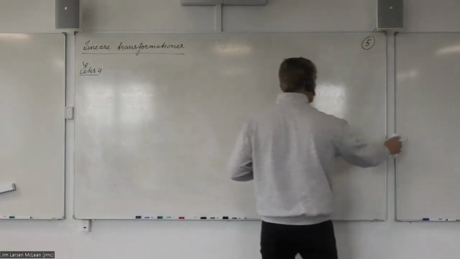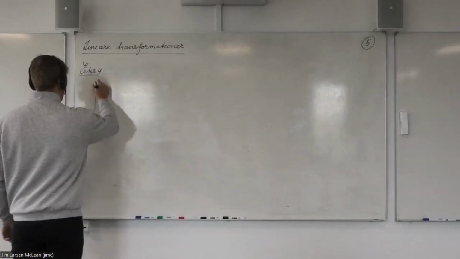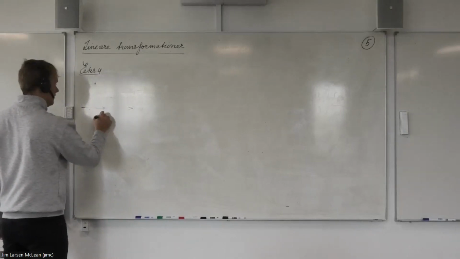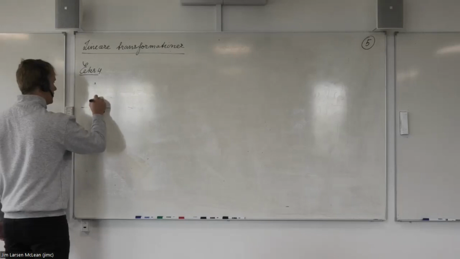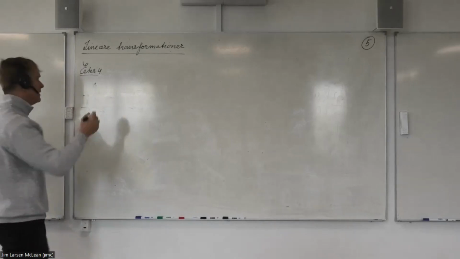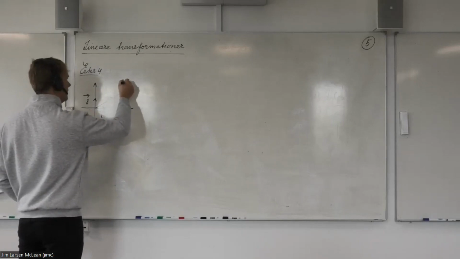So now I imagine that we have our input space here. It is 2-dimensional. And here is the unit vector I. And here is unit vector J. And here is some random vector I just come up with. It is called the X vector.